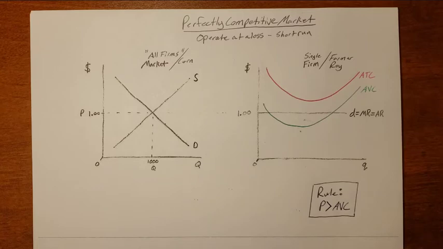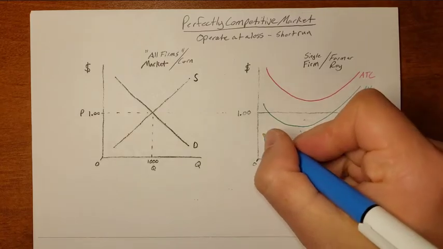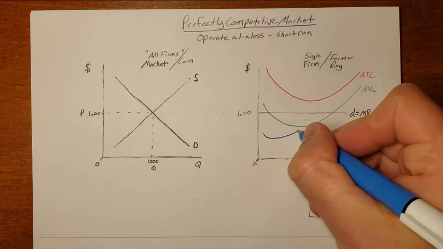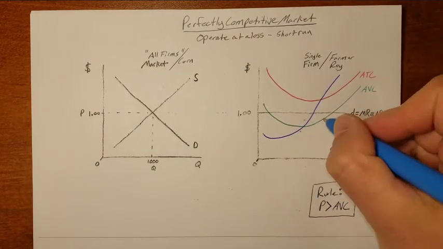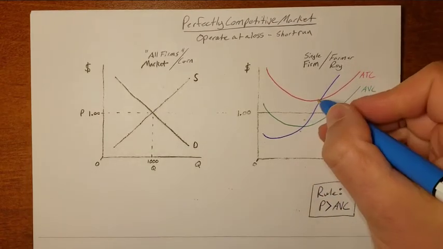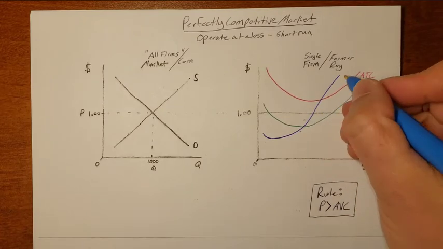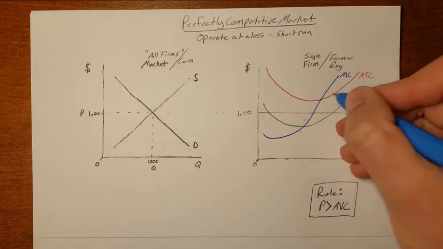So I'm going to go ahead and fill in our marginal cost curve. And the marginal cost curve should intersect with both the average variable cost and the average total cost at their minimum point. Looks like I missed it there, but it's pretty close. So just forgive that.